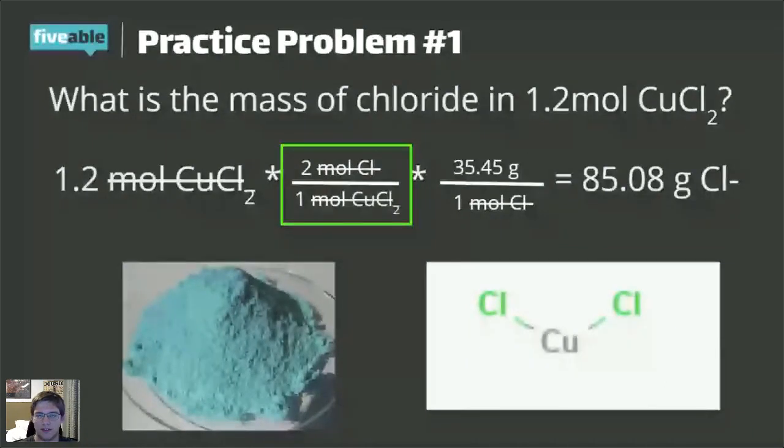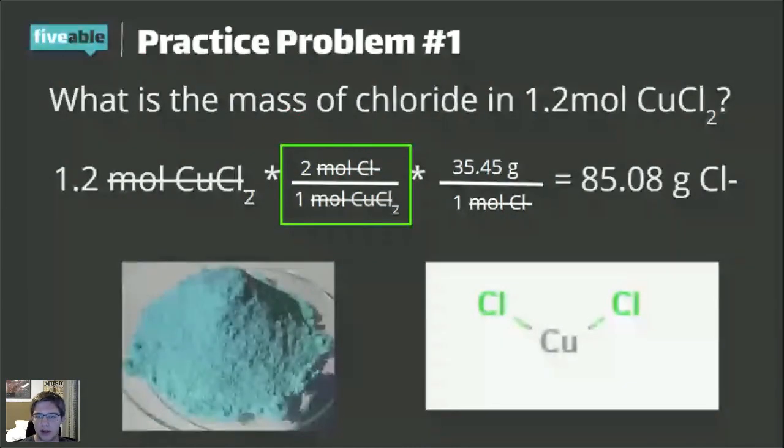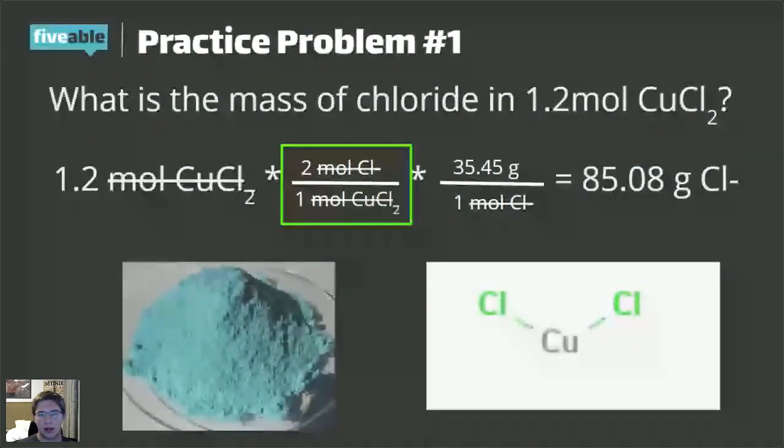Because it requires you to know that you'll have 2 moles of chloride for every mole of copper 2 chloride. And then from there, you don't want to use the molar mass of copper 2 chloride, because we're looking at chloride.